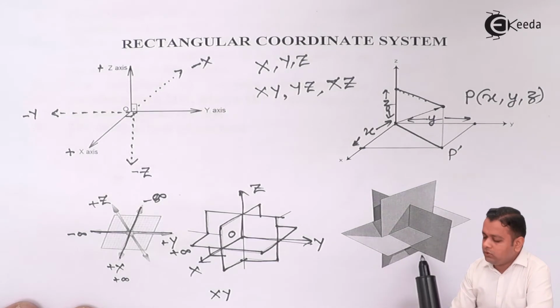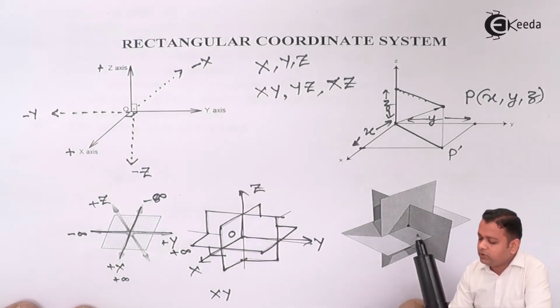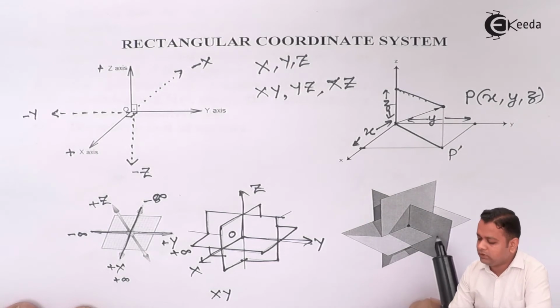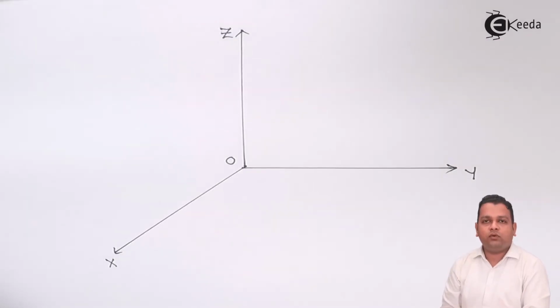This diagram also gives you the 3D visualization of the three planes xy, yz and xz intersecting at the origin. So these are supposed to be the references with respect to which we take the measurements of the point P in three-dimensional space. Now in the rectangular coordinate system, we have seen how to locate a point P having the coordinates x, y and z.